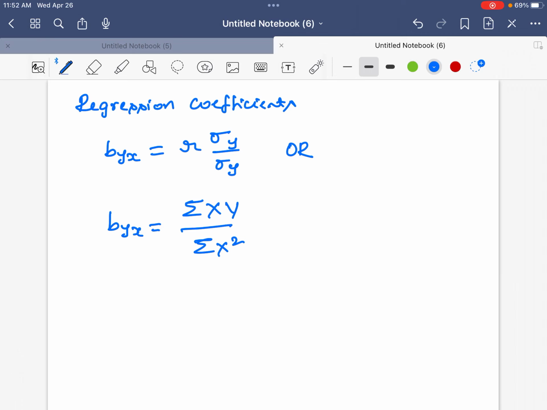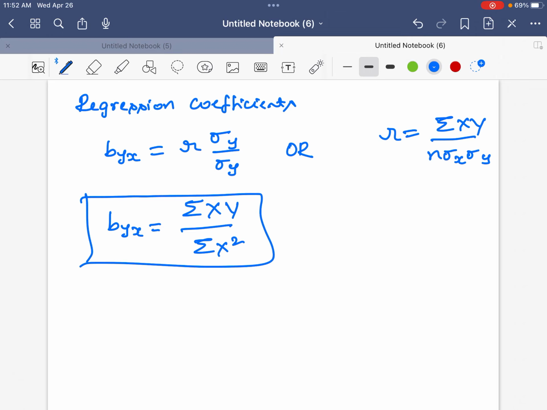This is because r is nothing but summation xy divided by n into sigma x sigma y. This is the alternate formula for r. On substituting this and simplifying, we get byx equal to summation xy divided by summation x square.